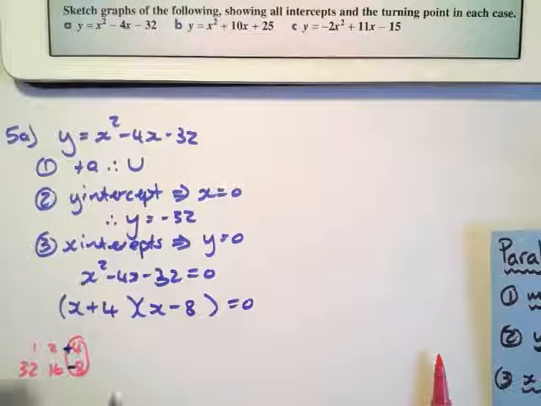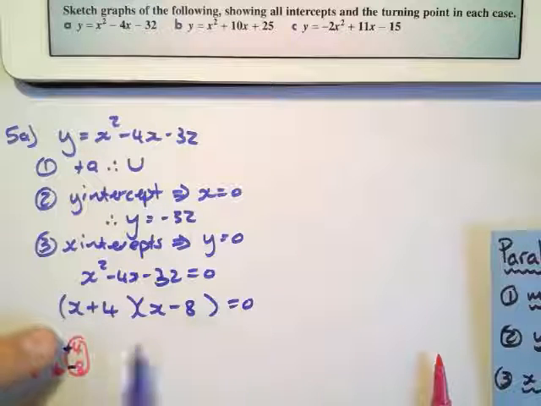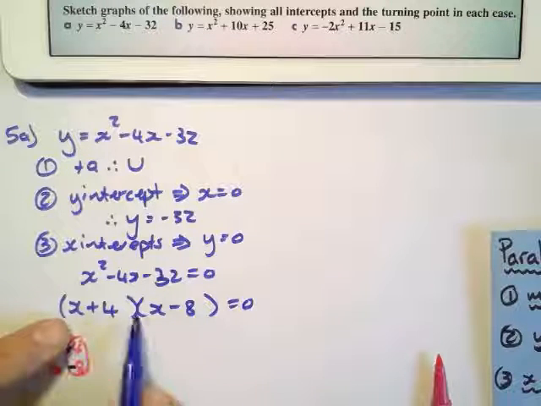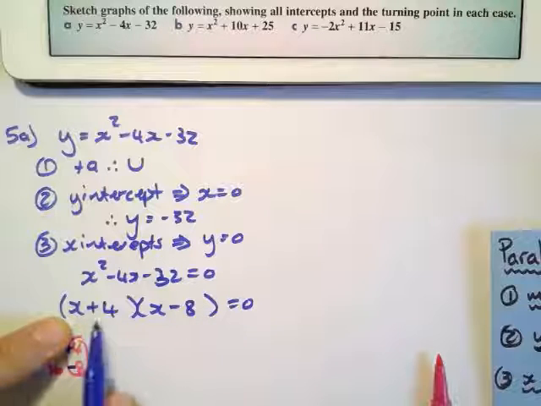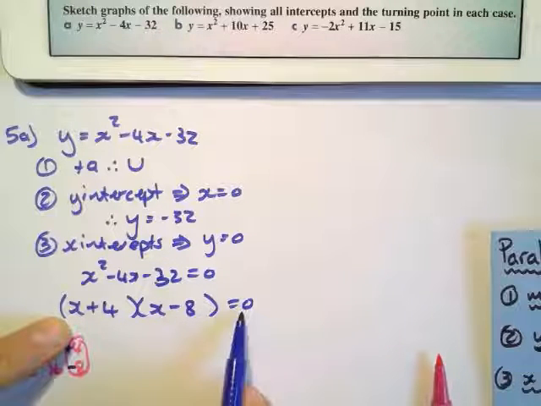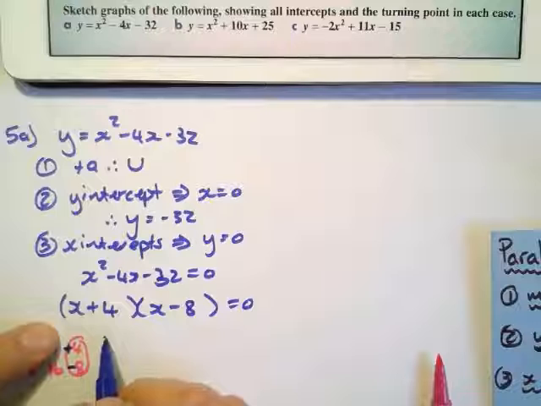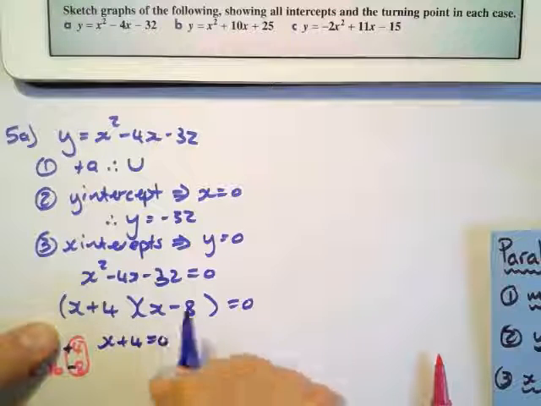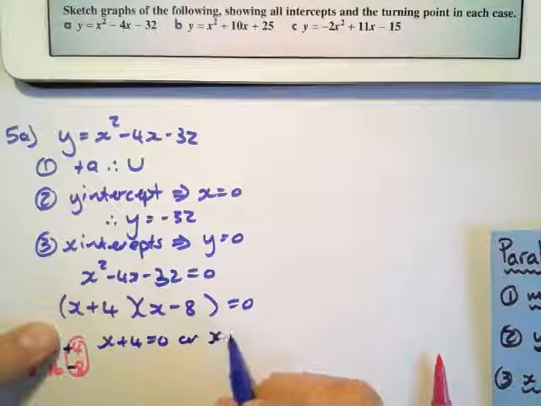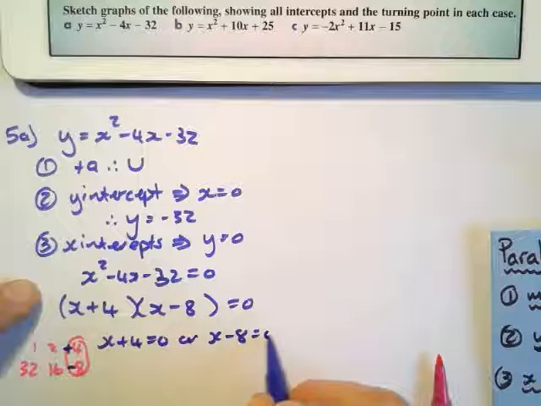I'm not going to do this the long way again. This is the last time I'm going to do this. Out of my null factor, if I say a times b is 0, then either a must be 0 or b must be 0 for that to be 0. In other words, x plus 4 equals 0, or x minus 8 equals 0.